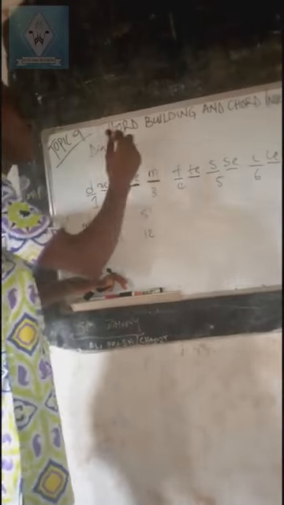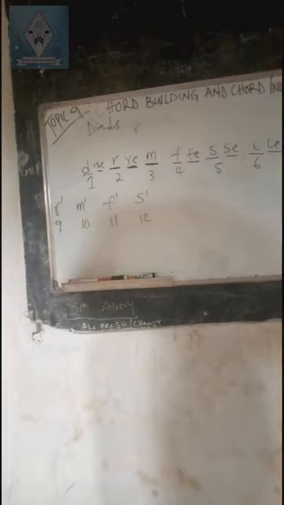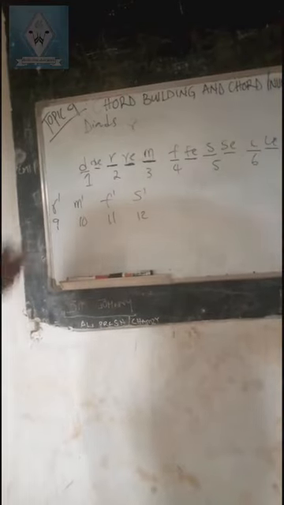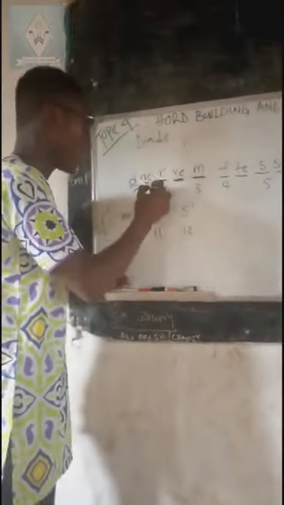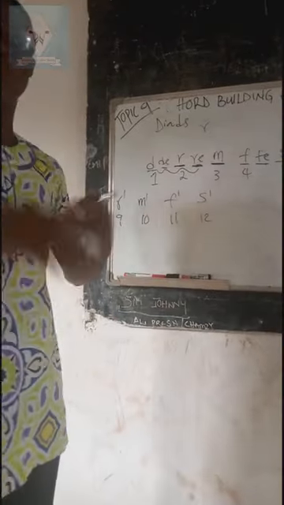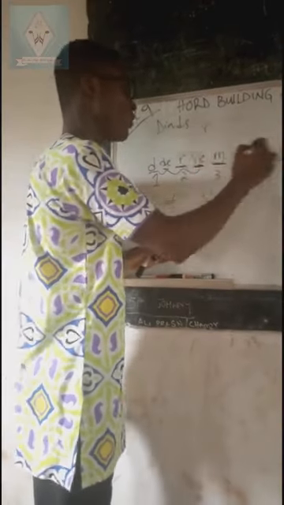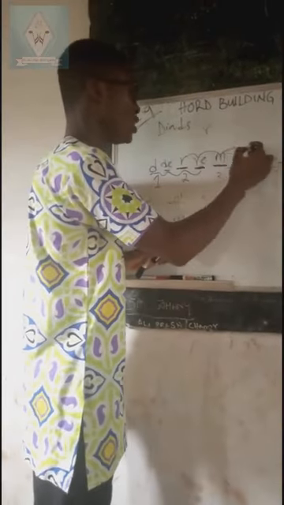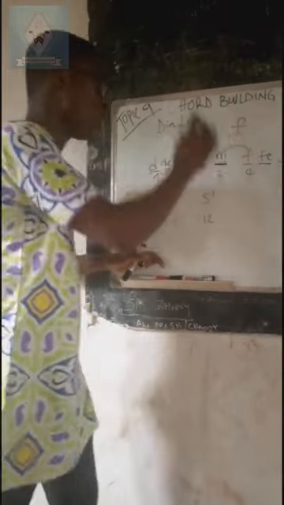Now if I decide to pick Re as my root and I want to build a dyad with a root and a minor third, the minor third from the root is 3 semitones. 1, 2, 3. So I'll simply count 3 semitones from Re. Wherever I end on, that will be my minor third. From Re we have 1, 2, 3. So this is my minor third. This is a dyad built with a root and a minor third.